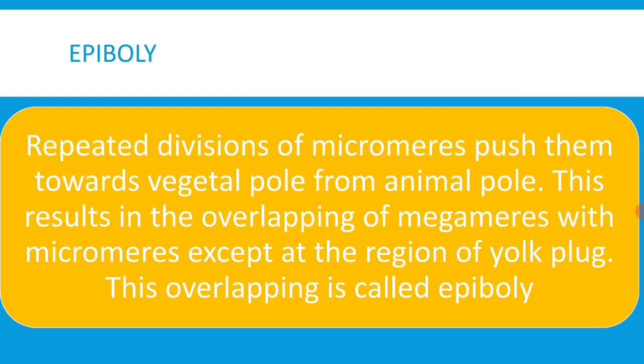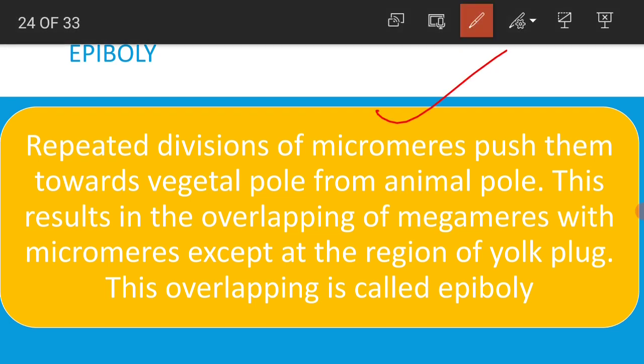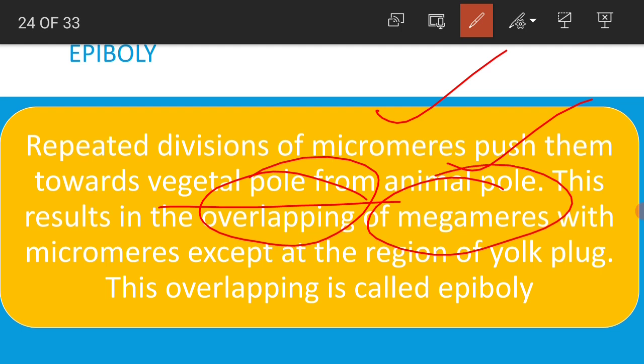So repeated divisions of micromeres, which are small, push them towards the vegetal pole from the animal pole. This results in the overlapping of megameres, which are larger, with micromeres except at the region of yolk plug. That means only except at the region of yolk plug, other areas are being overlapped by the micromeres.